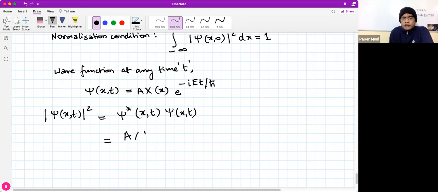The x part is the real part, so conjugation happens in the exponential part: the minus iota becomes plus iota, and the other part remains as it is. So this is a(x) e to the power minus iota E t by h cross.